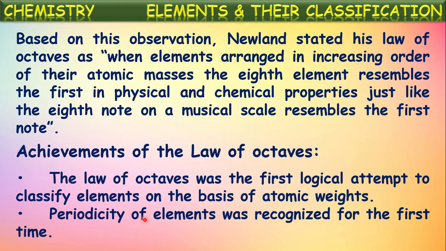That repetition of properties from one element to some certain element was known as periodicity. Reappearance of properties from one element to another element in the order at certain intervals is known as periodicity. So this periodicity in the properties of elements was first time recognized in Newland's octaves. This we can say as achievements of law of octaves.